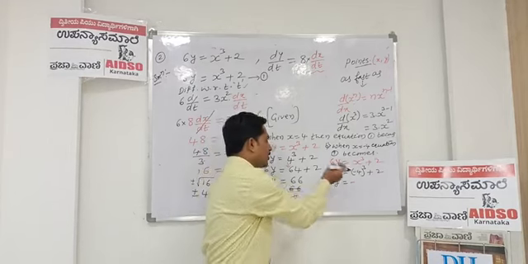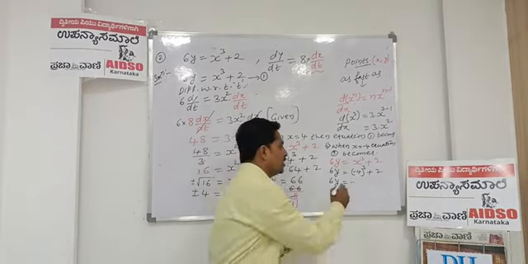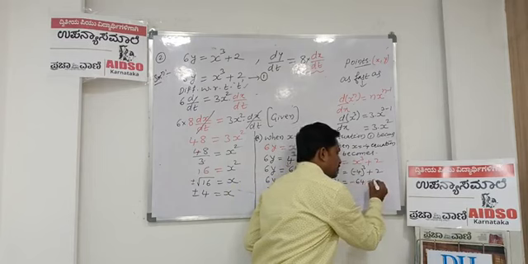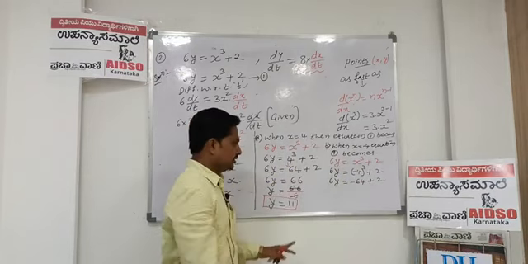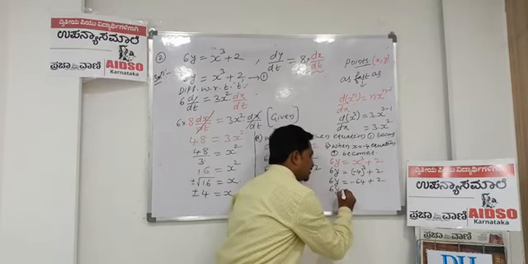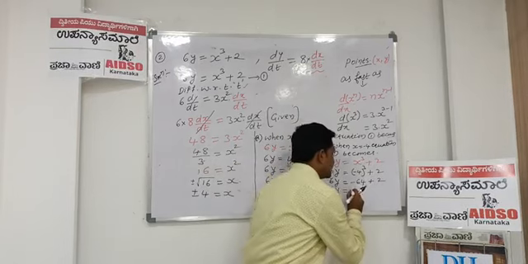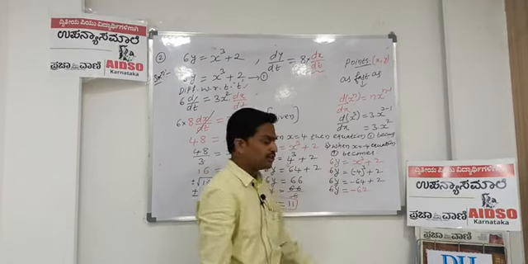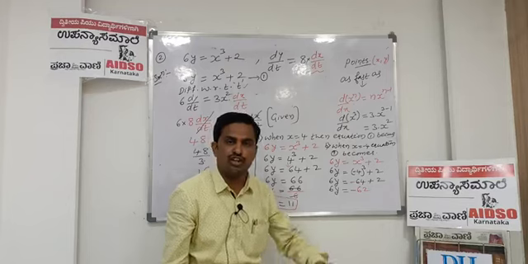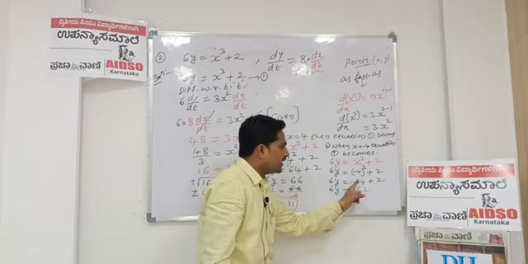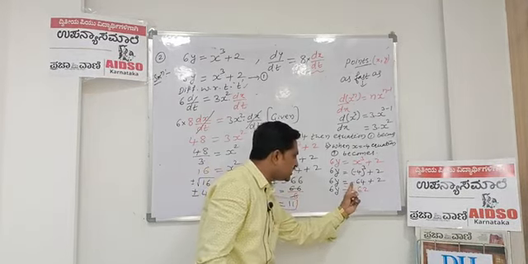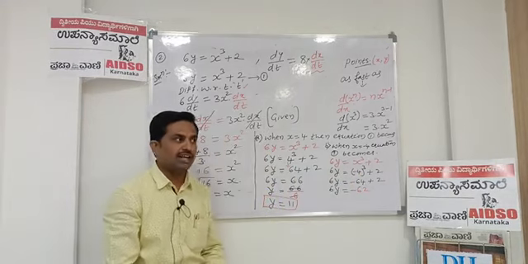And 4 cube we already answered, it is 64. So it will be minus 64 plus 2. Then 6y is equal to minus 62, because if you subtract 2 from 64 it is 62, and the greater number is 64 whose sign is minus, so it will be minus 62.